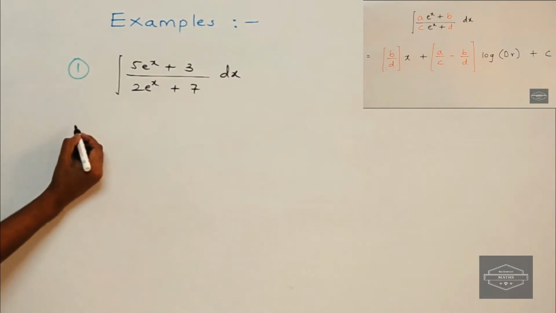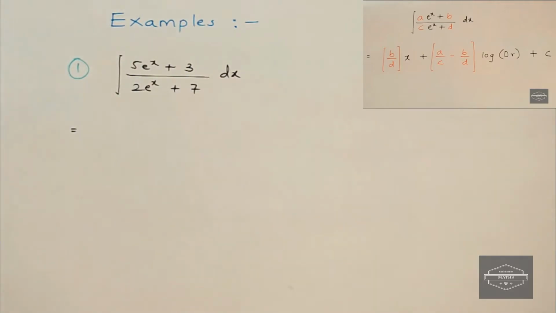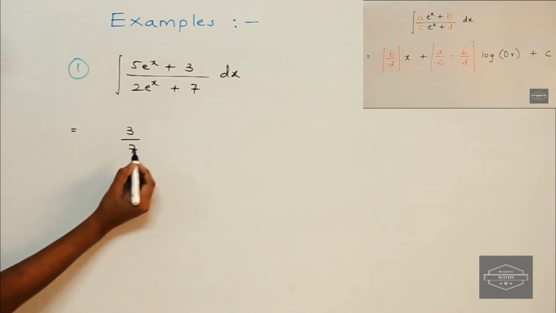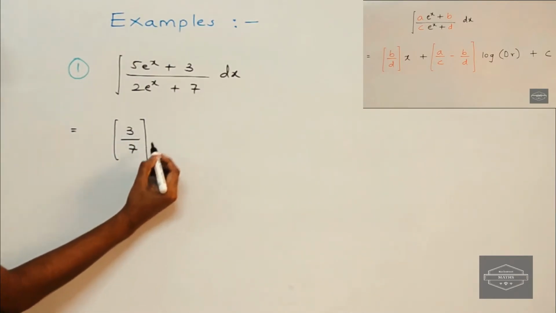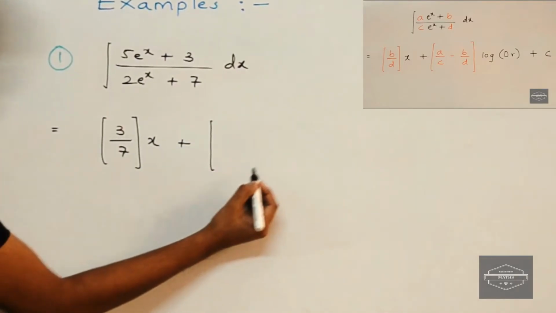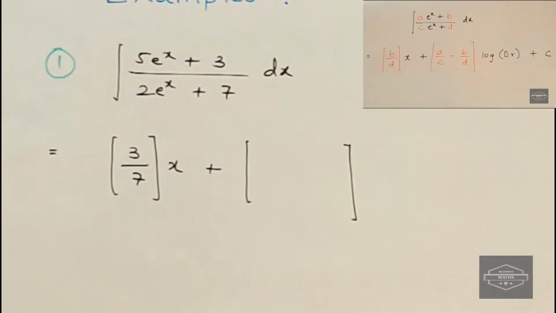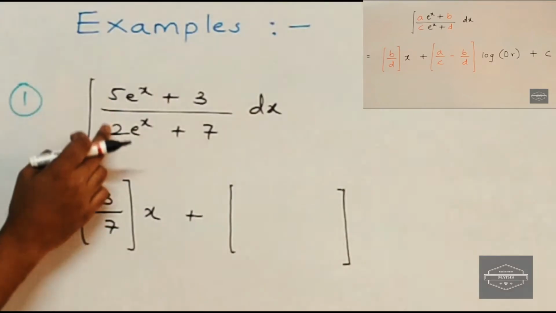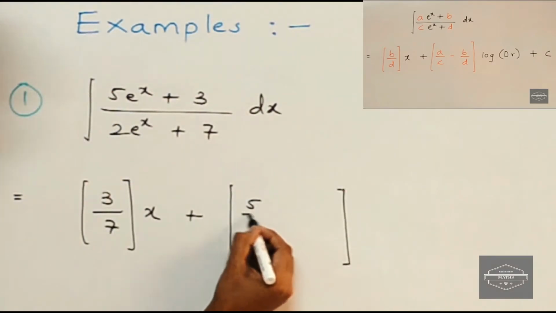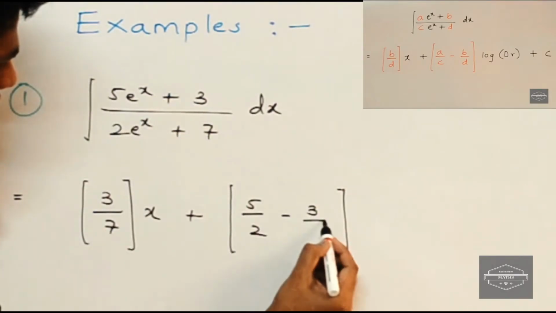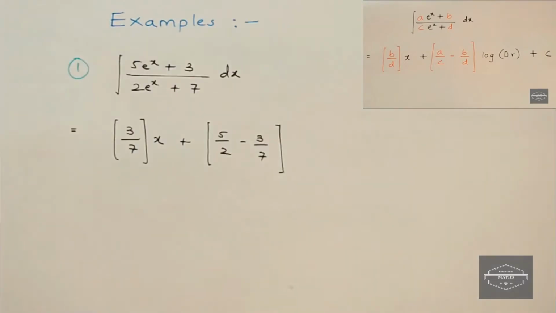In the first term we write b upon d into x, so here it will be 3 upon 7 into x and this is our first term plus in the second term we have to write a upon c minus b upon d, so here it will be 5 upon 2 minus 3 upon 7, so here we write 3 upon 7.